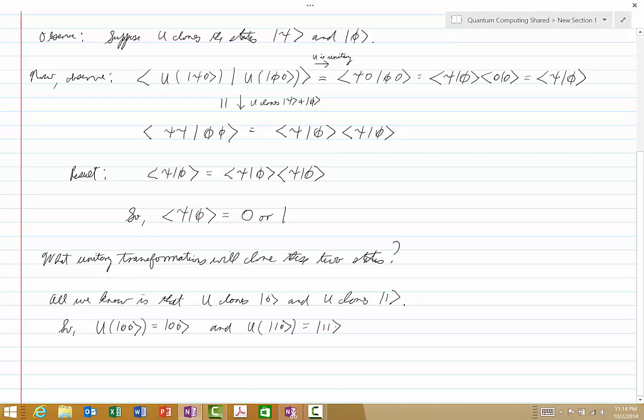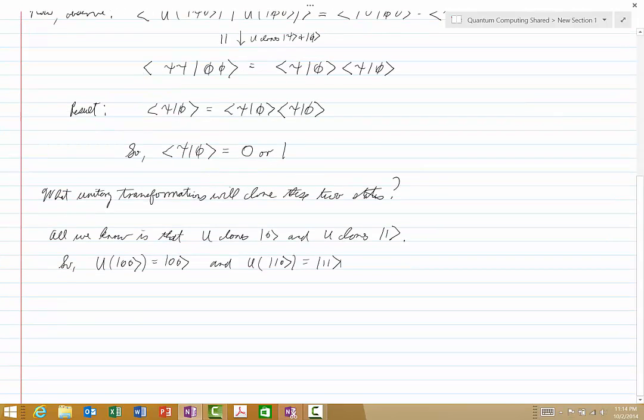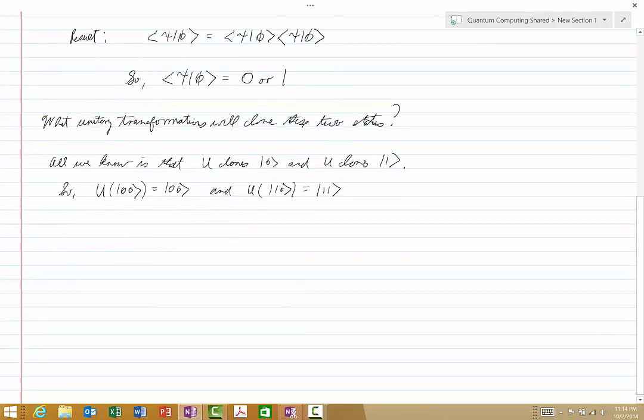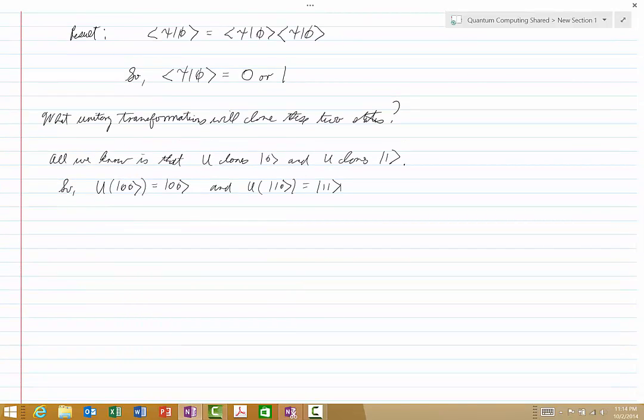Those are the two pieces of information that we have, and that's it. But we know also that U must be unitary. And so, fortunately, this information alone is enough to let us get some possibilities.